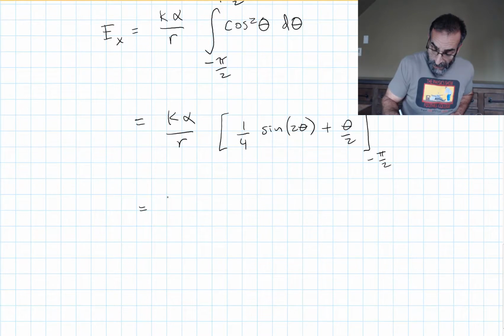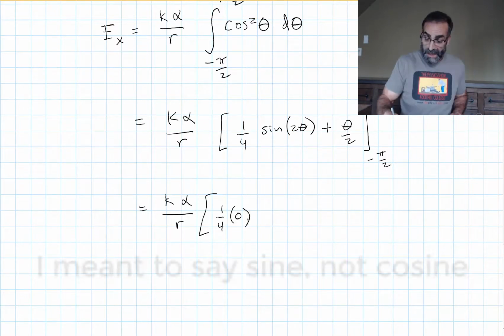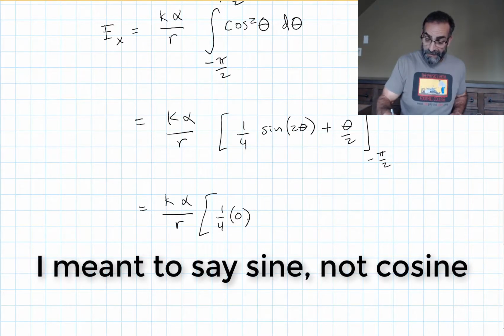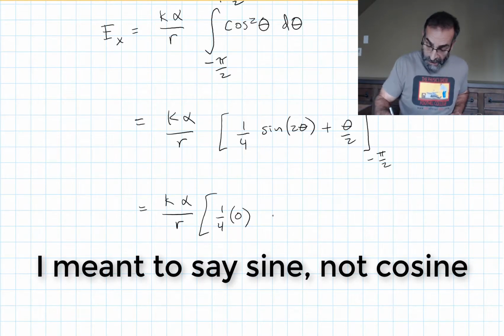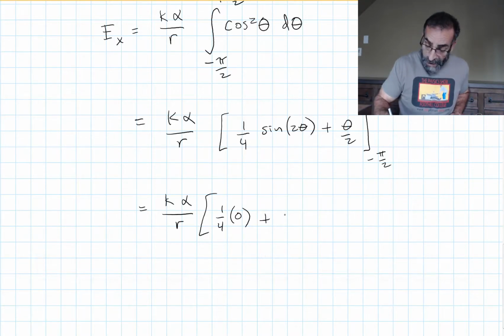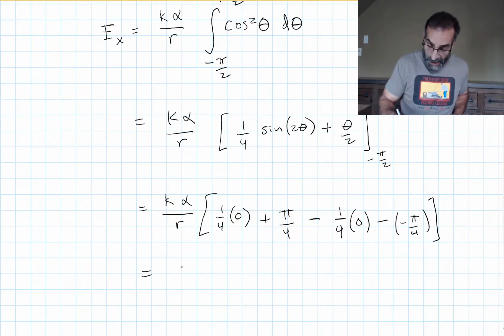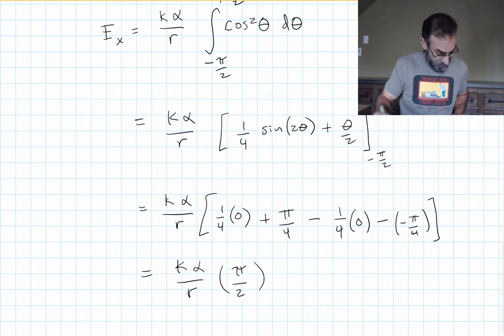And so we plug those numbers in. 2 times pi over 2 is pi. The sine of pi is 0. And theta over 2 becomes pi over 2 over 2, or pi over 4. And then we have the other limit. And so I got k alpha over r times pi over 2.